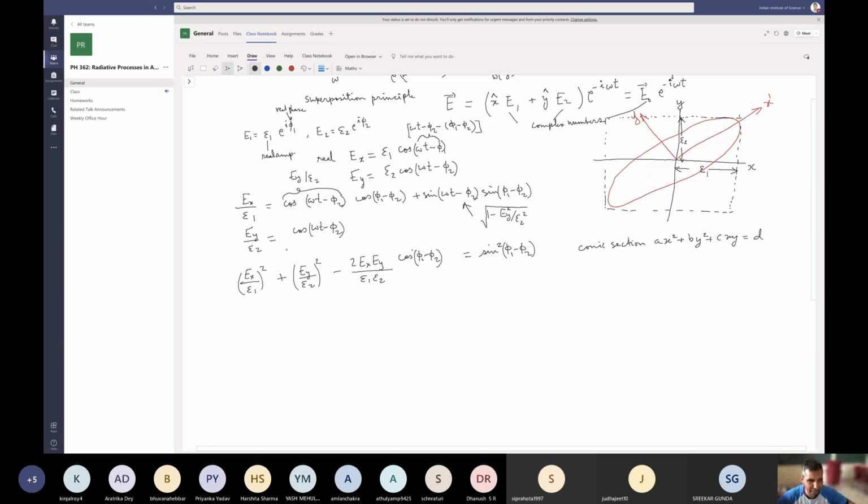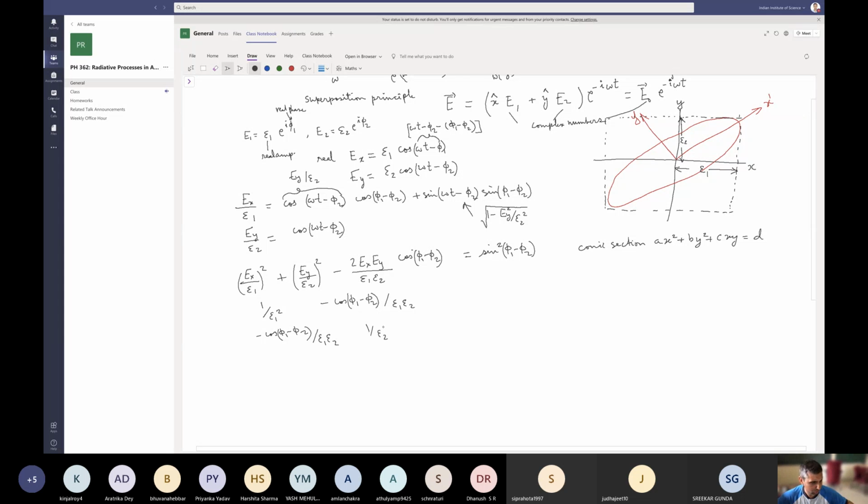So the coefficients of Ex squared, Ey squared, and Ex Ey give a matrix: 1 by epsilon 1 squared, minus cos(phi 1 minus phi 2) divided by epsilon 1 epsilon 2, minus cos(phi 1 minus phi 2) divided by epsilon 1 epsilon 2, and 1 by epsilon 2 squared. I'm actually writing a matrix.